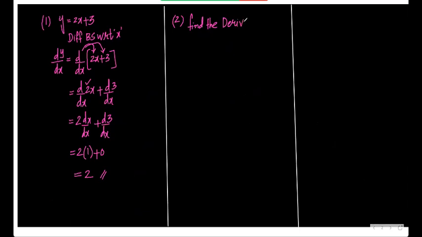Find the derivative of 3x cube plus 5x square plus 6x plus 3. Like this example we can see, right? So when we are going to have a solution of these type of questions, you can see the solution.